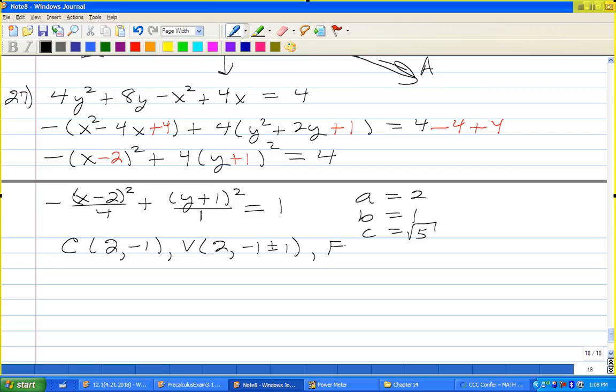The foci are at 2, negative 1, plus or minus square root of 5. And the asymptotes are y plus 1 equaling plus or minus 1/2 x minus 2.